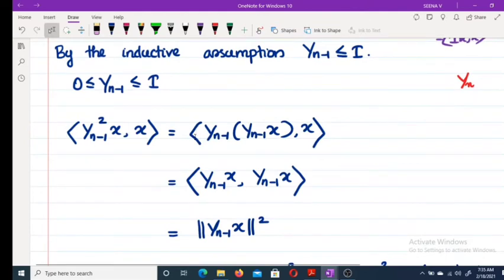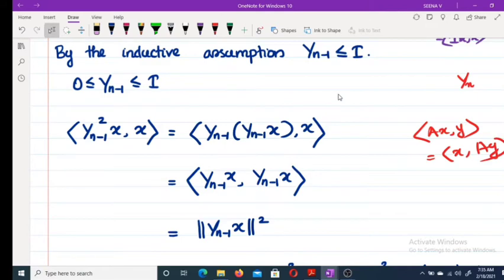Okay. Therefore, Yn minus 1, Yn minus 1 x you can write as Yn minus 1 x again in a product, because inner product Axy is equal to xAy, symmetric. Okay, so as yn minus 1 is symmetric, we can write like this.